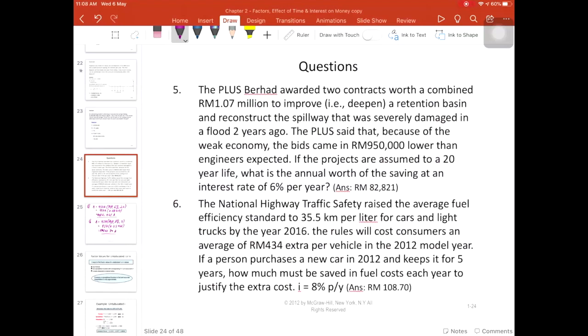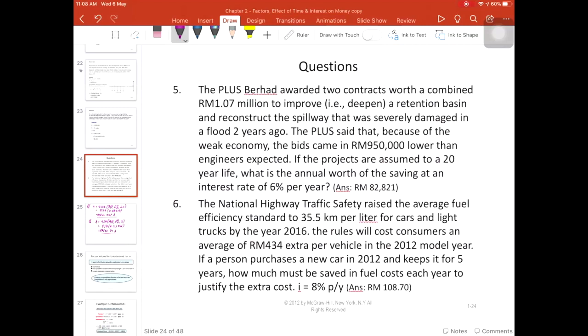Number 5 says that because of the weak economy, the bids came in 950,000 ringgit lower than engineers expected. I thought the question was saying it's 950,000 lower than 1.07 million. So I thought you have to minus 950k from the 1.07 million.